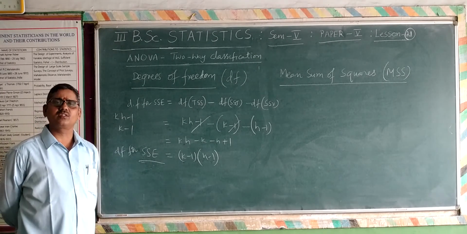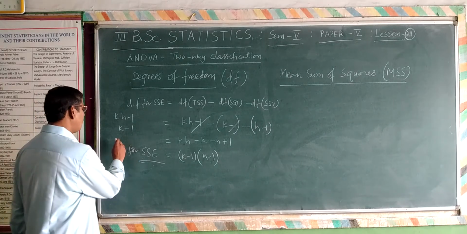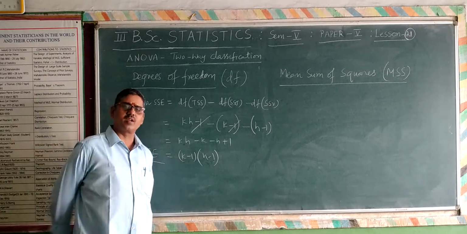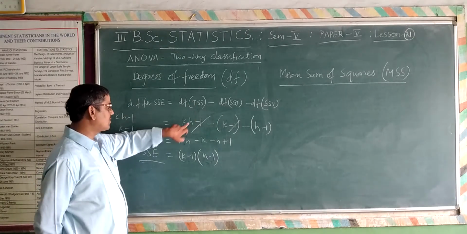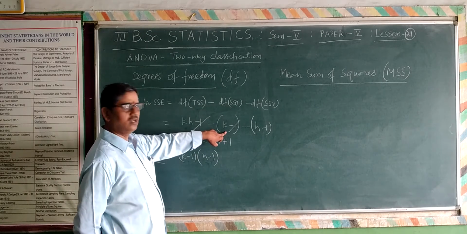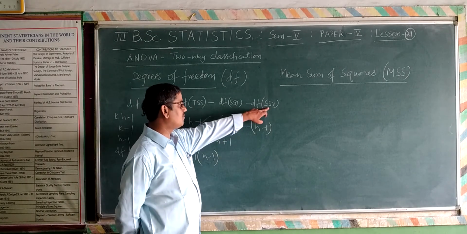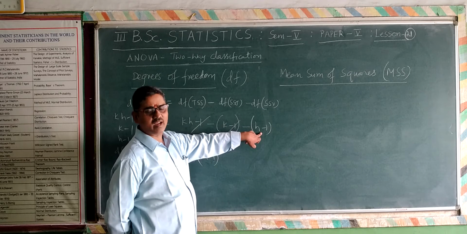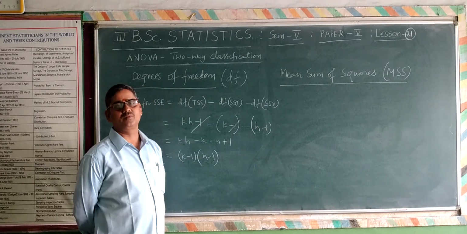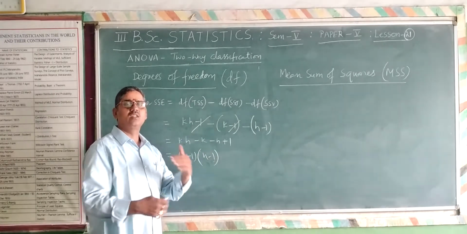For SSV, the sum of squares due to the varieties, it is h minus 1. And for error it is k minus 1 and h minus 1. So this is what the degrees of freedom are.